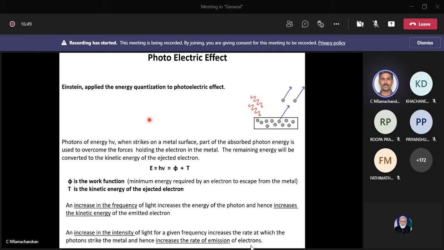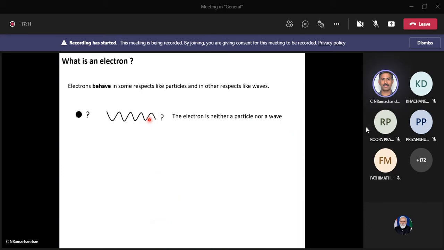After what is required to eject from the metal surface, the rest will be converted to kinetic energy. So if you hit it with high energetic radiation, the kinetic energy of the ejected electron will be more. But on the other hand, if the intensity is more, then more and more electrons will be ejected from the surface. Okay, that is fine.